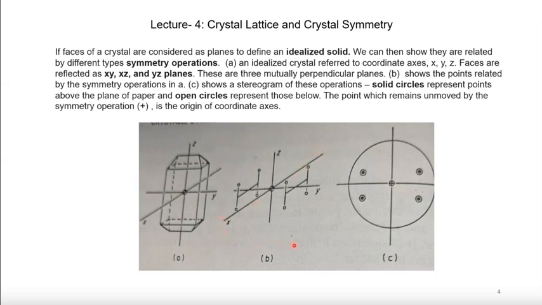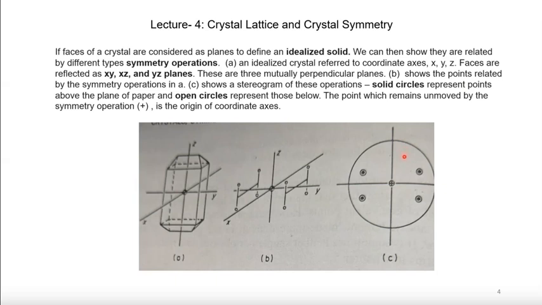So what we have then, we can show that we have 2 points here, 2 points here, 2 points here, 2 points here. These are called equivalent points due to the operation of mirror planes. Two mirror planes, we have equivalent points.